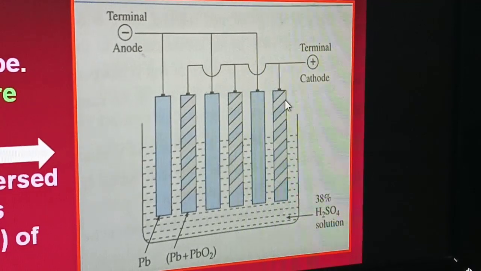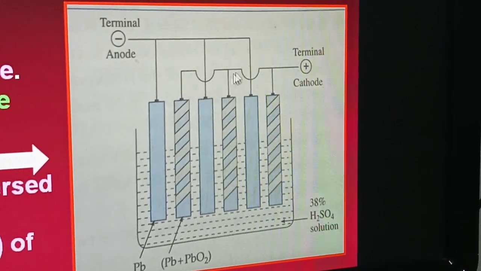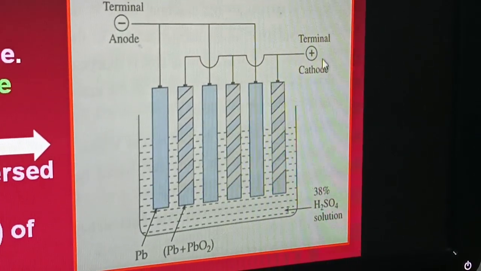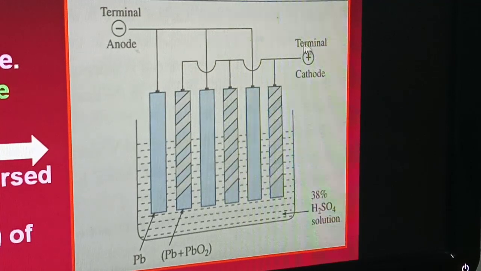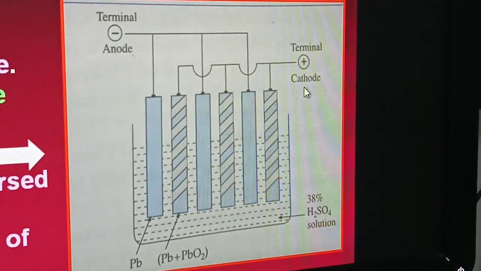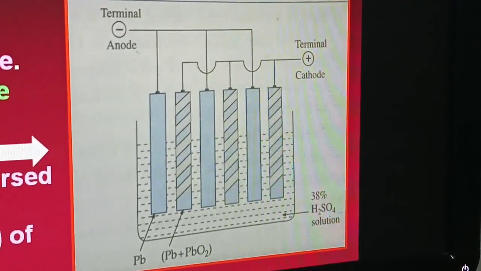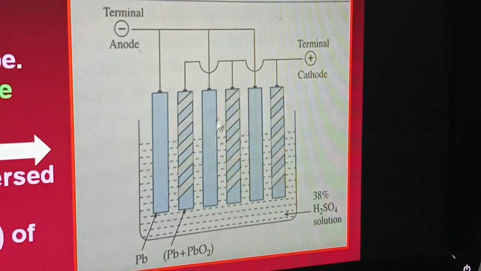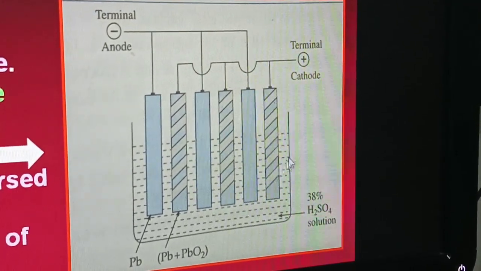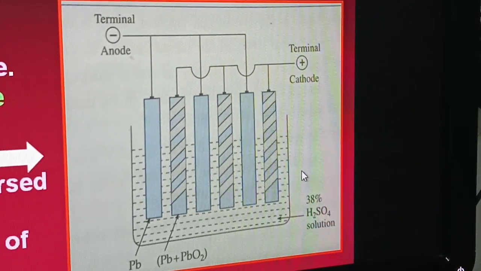Another series of lead electrodes that are coated with lead dioxide are connected to the other terminal, that is the positive terminal. They will serve as a cathode. To provide a large reacting surface, the cell contains several plates of each type, so there is an alternate arrangement of these lead plates in the electrolyte.